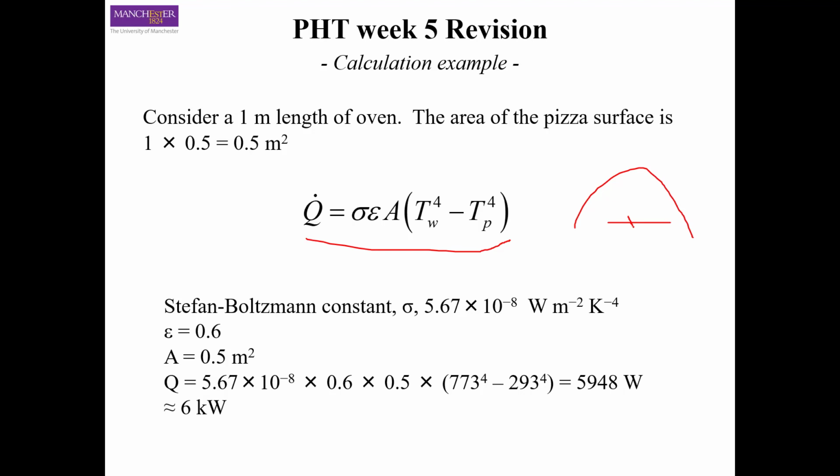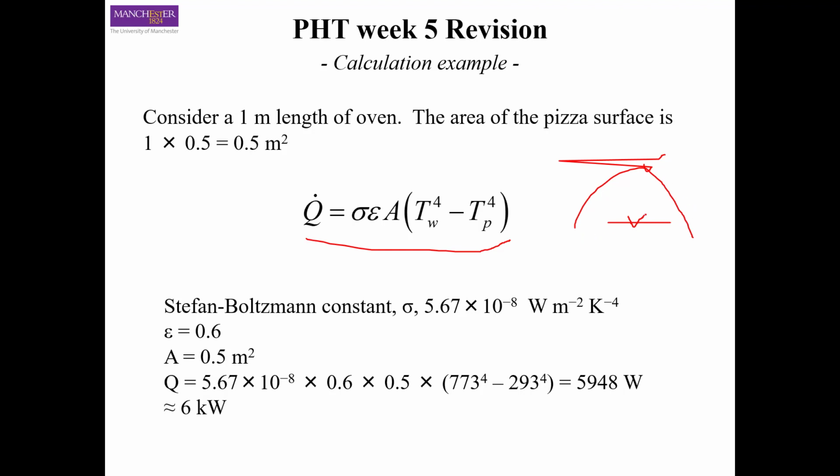So we do need to know the area of this pizza slab. We are not considering the properties of the oven surface because, first of all, we assume it's a black body, so its epsilon is 1. And the second reason we didn't consider its area is because the pizza slab is completely surrounded by this surface.